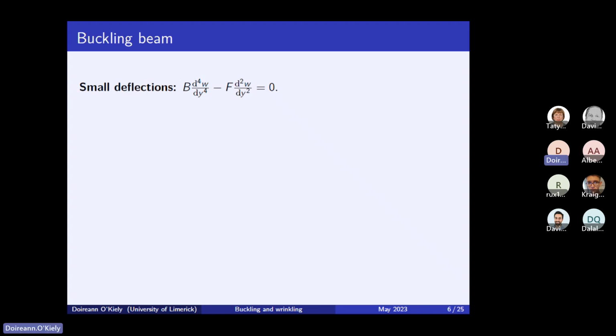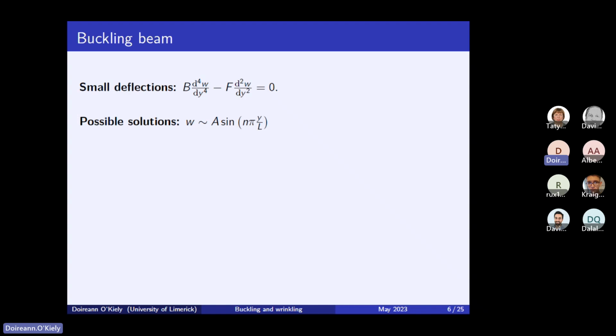And so from a maths point of view, you have a force balance where you have bending with a bending stiffness, and then you have end shortening with a compressive force. And so the solutions of this, if your force is negative, are sines and cosines. So I'm just going to think about the sine solution.